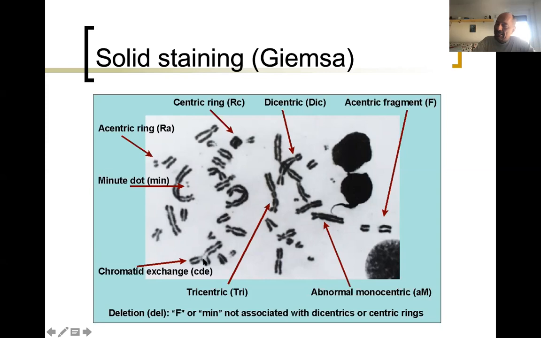You see this exchange here, this aberration here, is not involving the two chromatids together, only one chromatid going in one direction and the other going in the other direction.